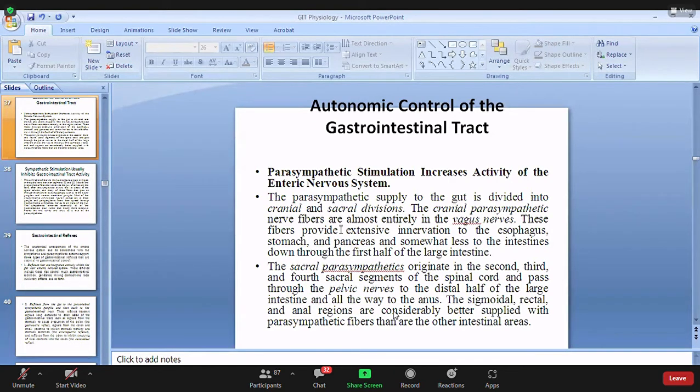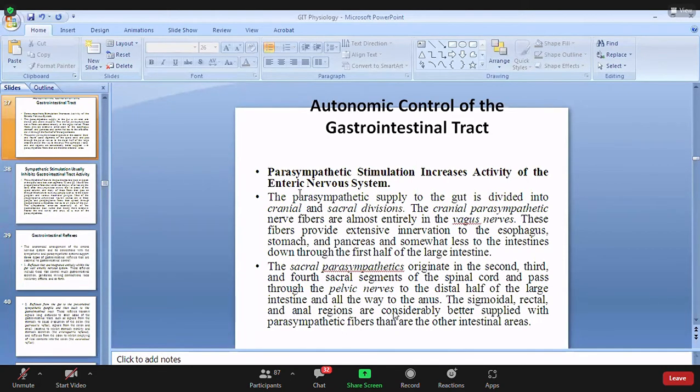So all the secretions, GI motility and evacuation are contributed by the parasympathetic nerve fibers. On the other hand, sympathetic stimulation will decrease the secretion and decrease gut motility. Understand or not?